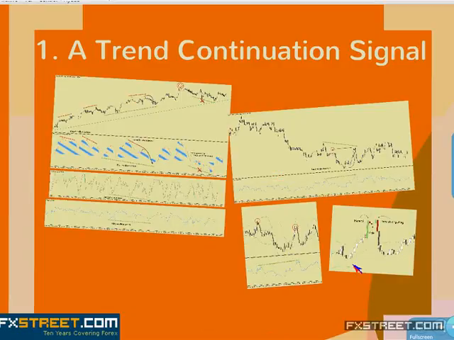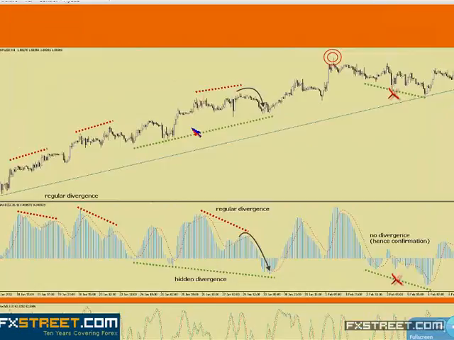Okay, let's start with this first block. We will see some examples of what we can say is a trend continuation signal. Similar to the regular classical divergences, the hidden divergence is also a discrepancy between price and an indicator, usually an oscillator, except that this is a continuation pattern.